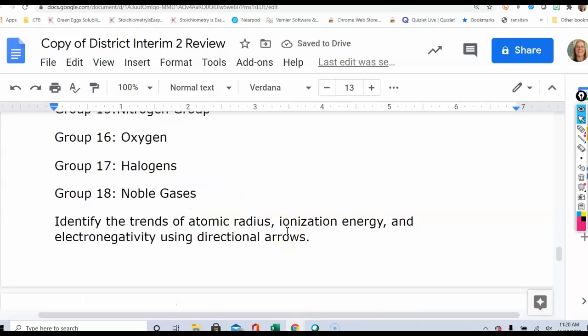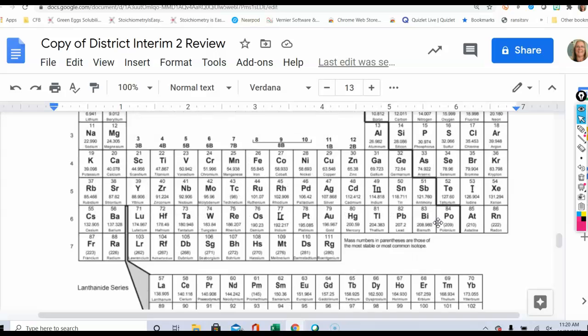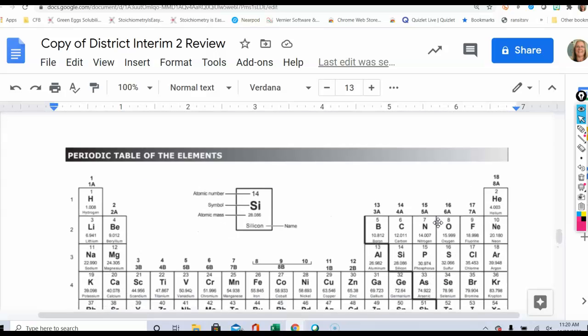Okay, so then we want to identify the trends of atomic radius, ionization energy, and electronegativity using directional arrows. So I'm going to try to draw them in. If it is possible for you to show them, you might draw arrows above or below the periodic table, but I'm going to draw them in on my periodic table.